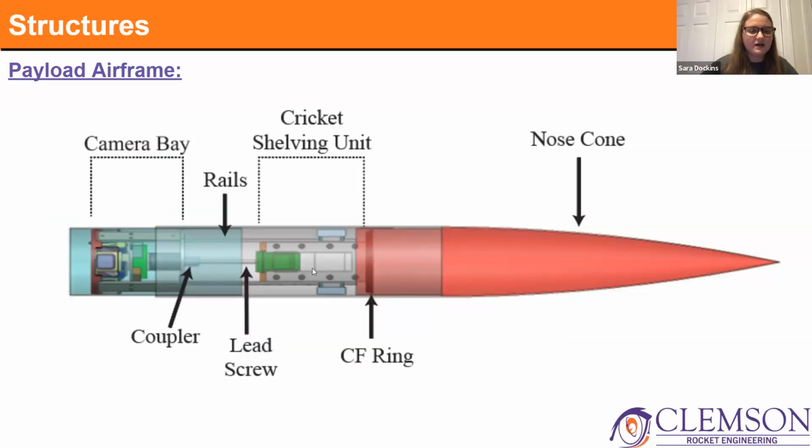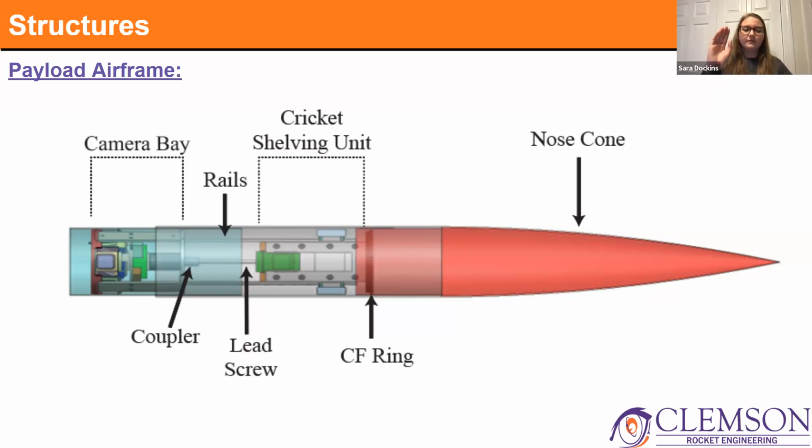So the inserts are aligned, and then you screw those in. That's how that secures. There's also, it's not necessarily labeled, but these blue squares going between the shelving unit and the edge of the tube, those are screwed in.